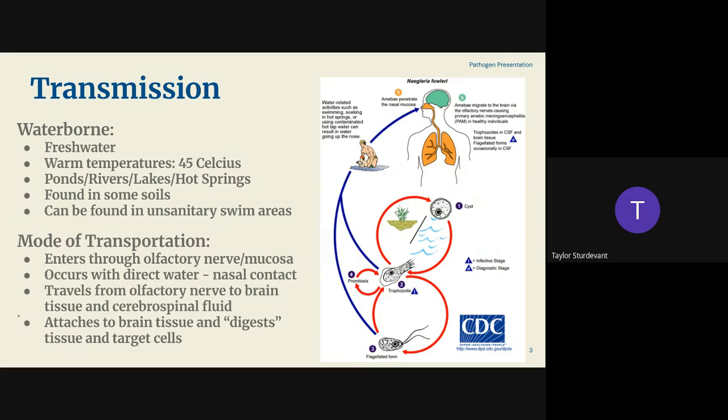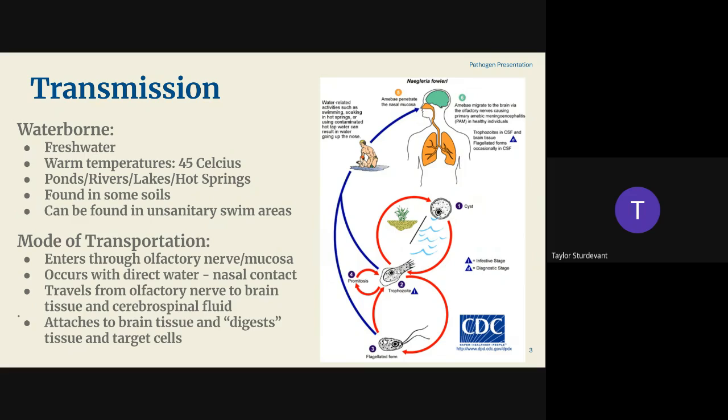And again, this is the trophozoite that thrives in the warm temperatures. In our inactive cyst form, it can thrive in colder temperatures, but again, it's not going to be in its active, infective, and reproductive phase. Some of these areas it can be found is warm water, ponds, rivers, lakes, hot springs. Again, all fresh water. It can be found in some soils.